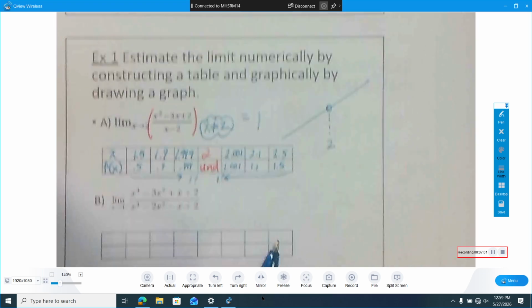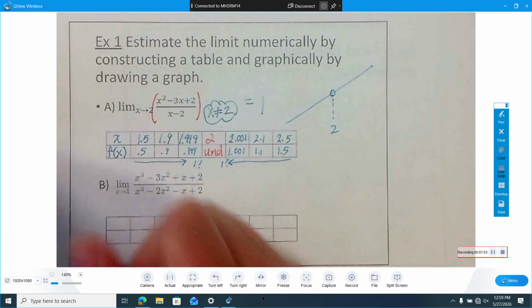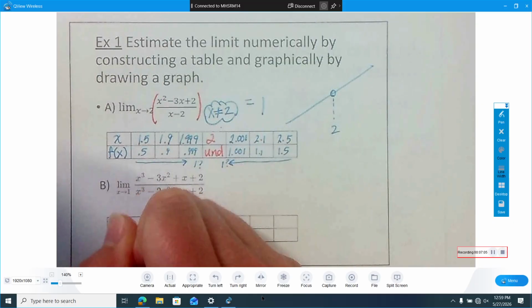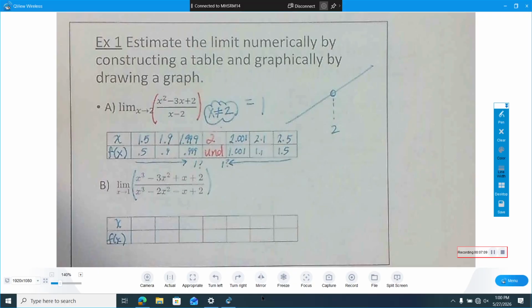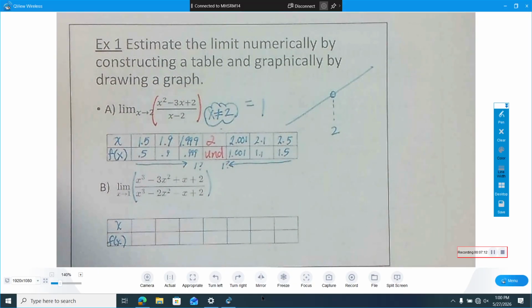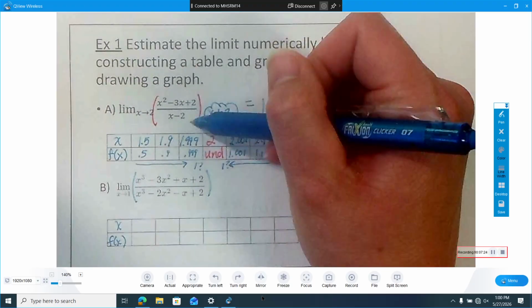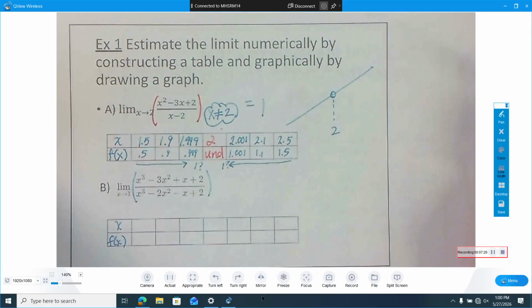All right, let's look at letter B. So once again, we have x values and f of x values, and this is some crazy function right here. I'm not too sure what value x can't be. Should we factor it? Yeah, factor and simplify.